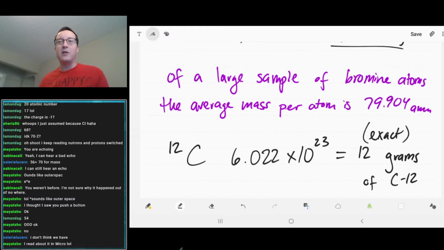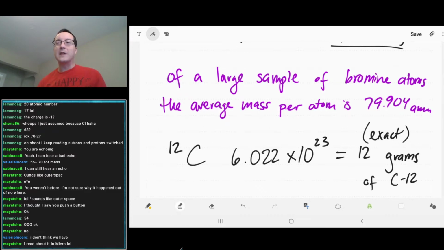So a pretty small amount of carbon in real life terms. But that is actually 6, what is that? Quintillion? I don't know, 6 something hexatillion, gajillion, bajillion atoms within that chunk of charcoal.